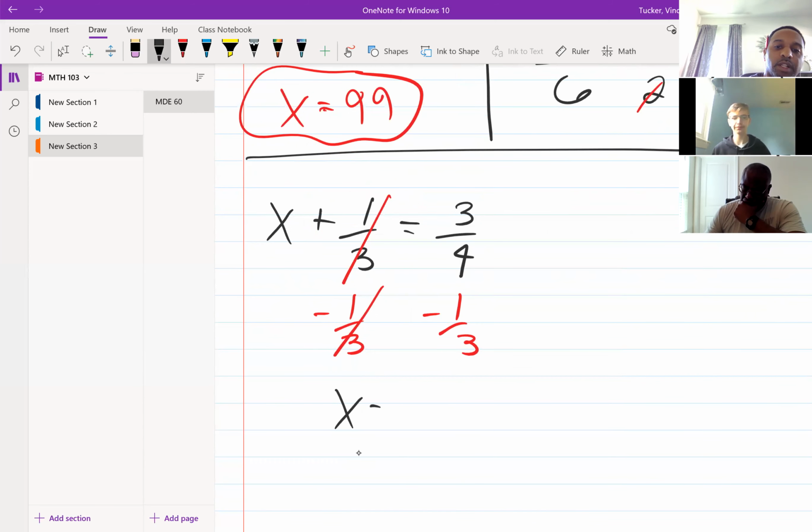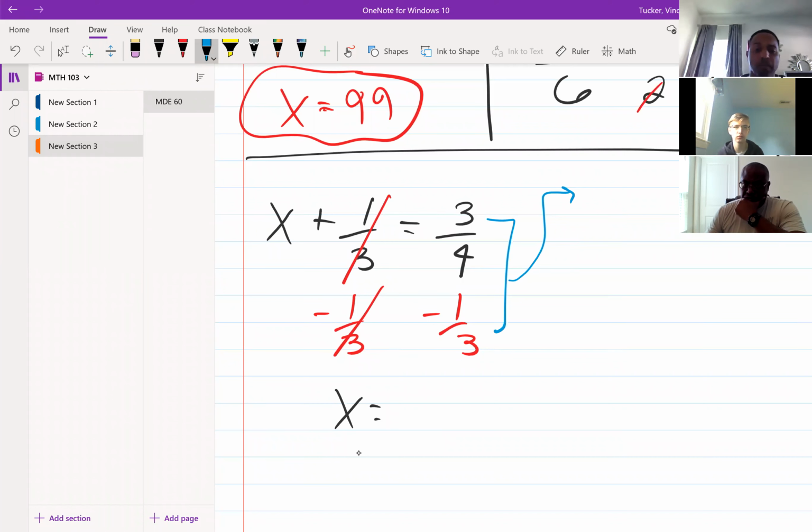Leaves me with x on the left. But on the right, we need to find our lowest common denominator. Don't forget, whenever you're adding or subtracting fractions, you need your common denominator. And in this case, it's going to be 12. That's 3 times 4, the two denominators, 3 and 4.